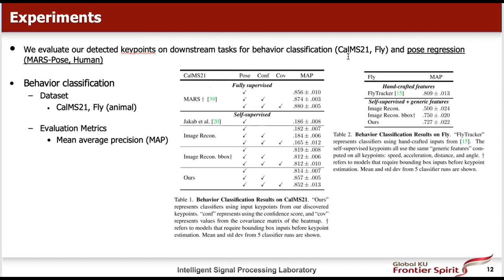And for the behavior classification, the data sets are animal data, and the evaluation metric is the mean average precision. And we can see the proposed method is a self-supervised method, and the compared methods: the first one is the fully supervised method, and the second one is also a self-supervised method.